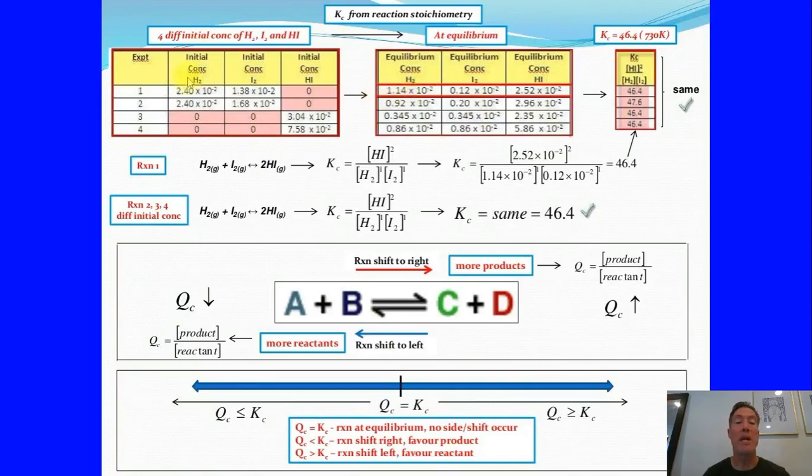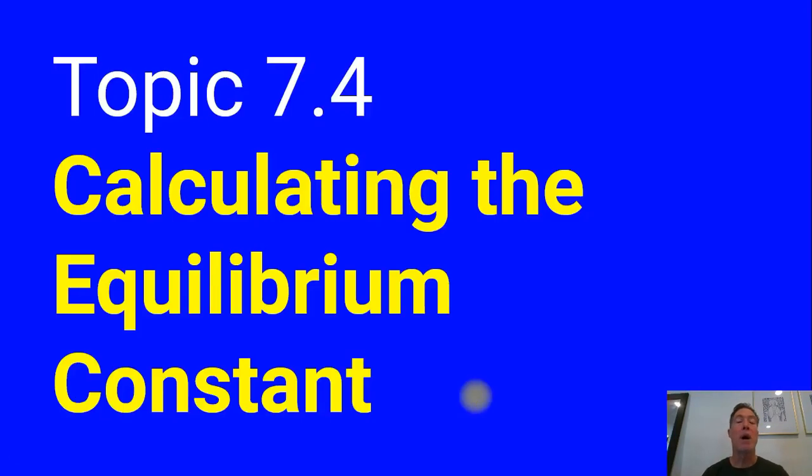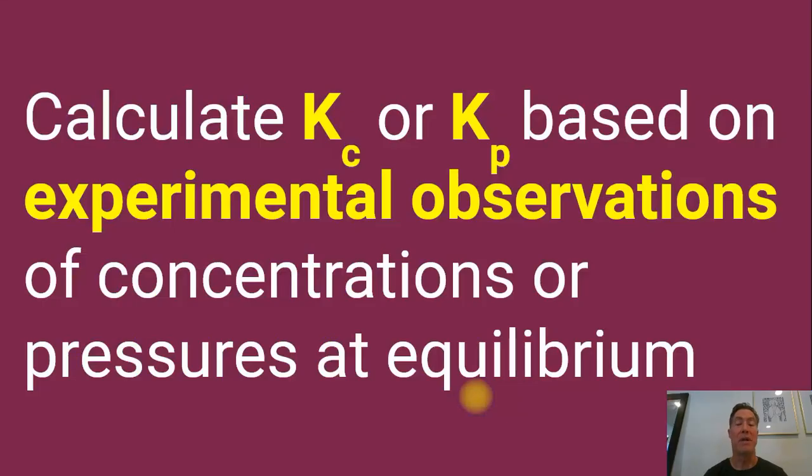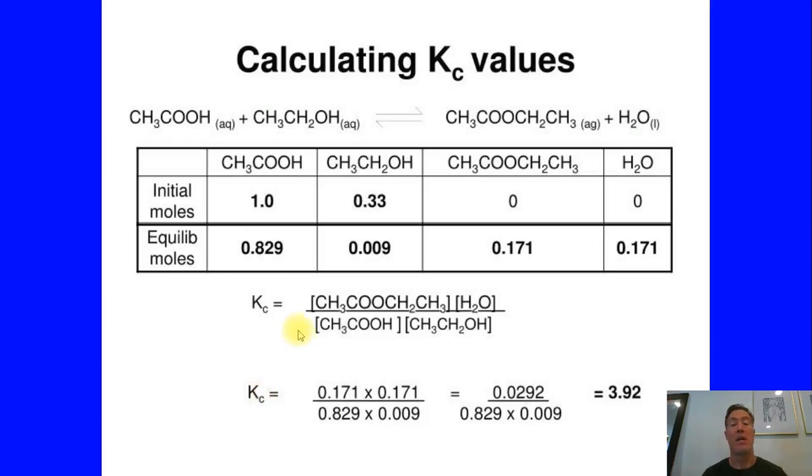Okay, here's a great summary of a bunch of things having to do with reaction constants. There are going to be lots of problems where we calculate the equilibrium constant from various givens based on experimental observations. So they're going to give us various concentrations or various pressures and then ask us to calculate the Kc or the Kp. So here would be a typical kind of problem.